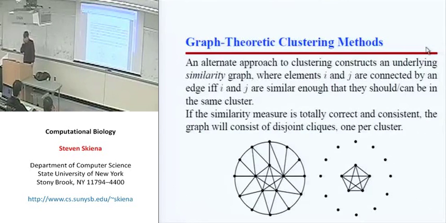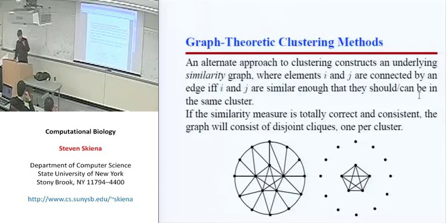The vision here is you have a vertex for each element: a gene, in the case of what we've been talking about with microarrays, a student in the case of grades.